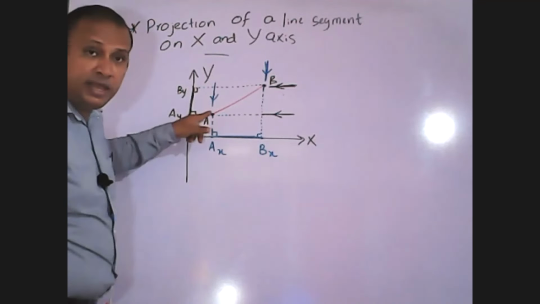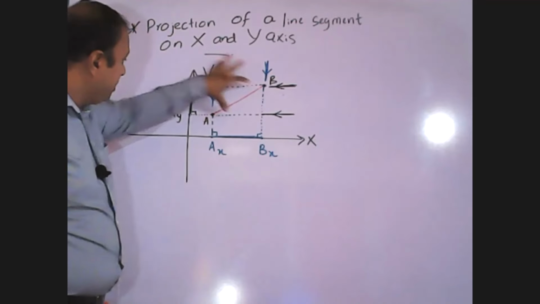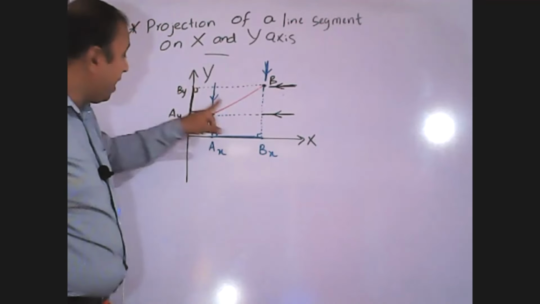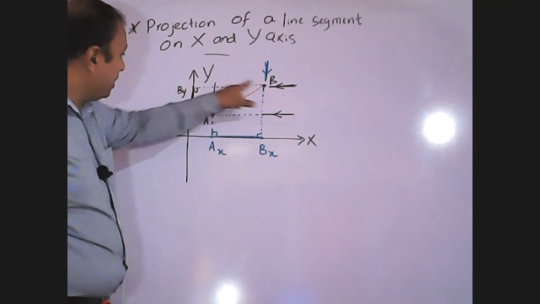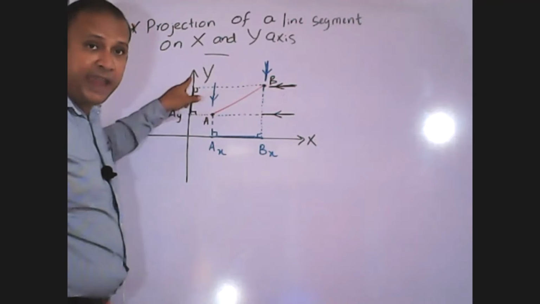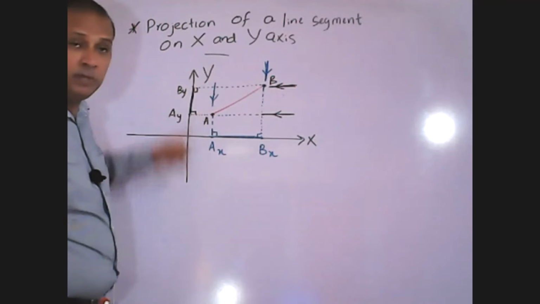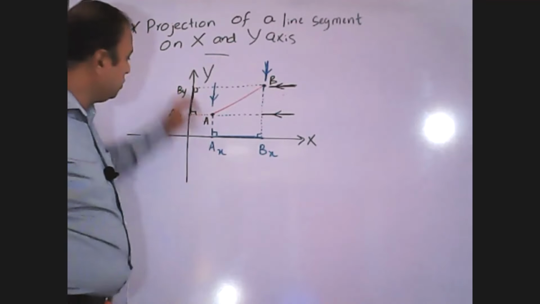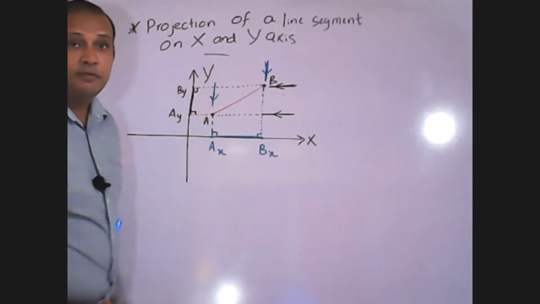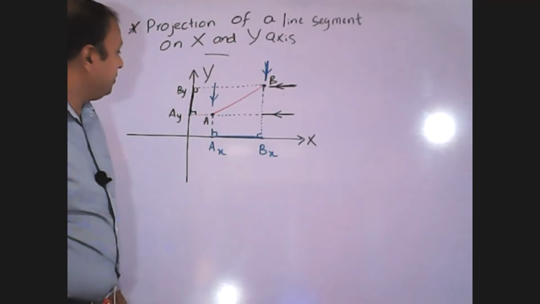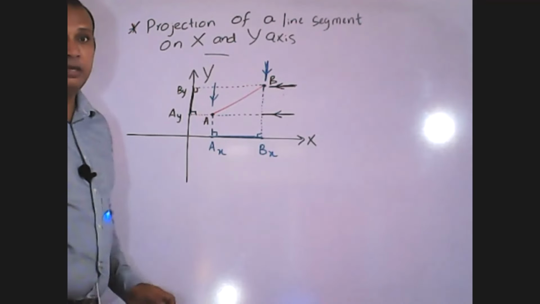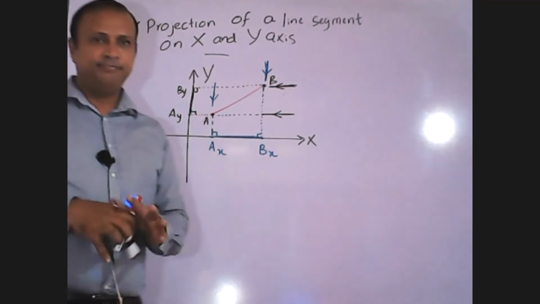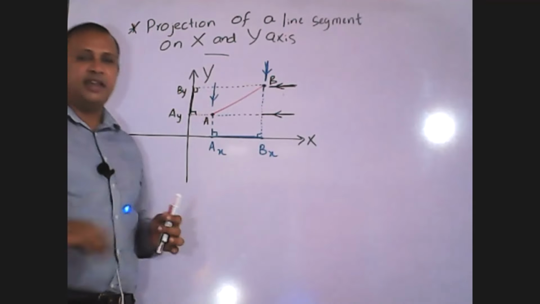If you want to draw the projection of AB on the y-axis, you have to draw two perpendicular lines from each end of the line segment to the y-axis. Then you can obtain the projection of AB on the y-axis. Do you understand? I need your response.